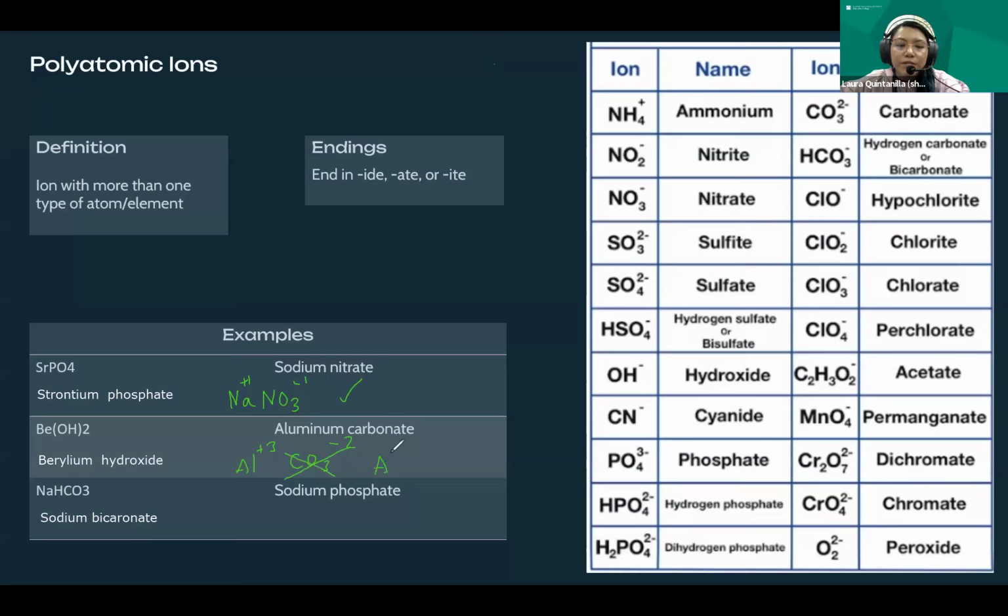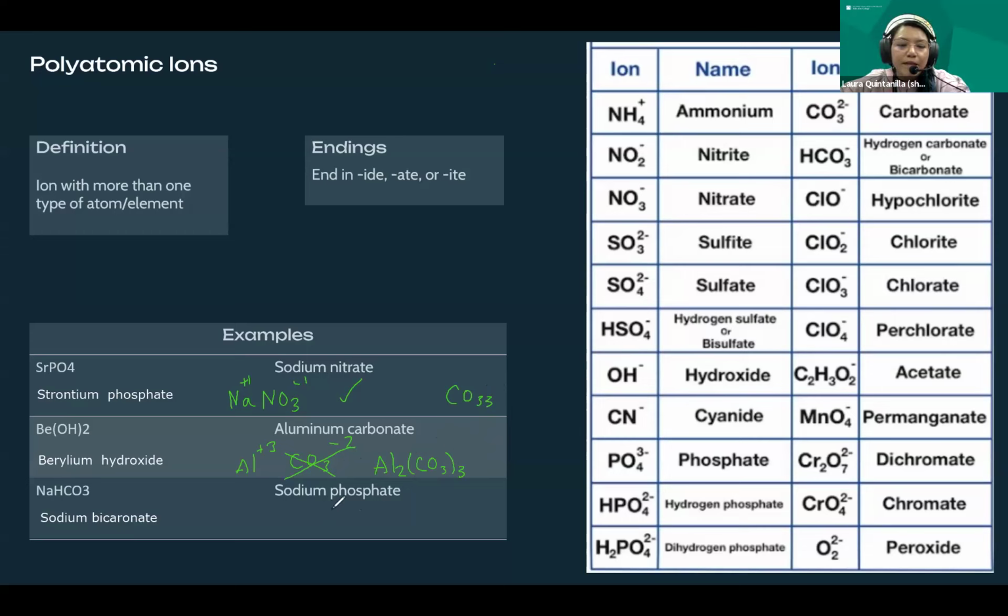So our final formula will be Al2, and then we want to put this in parentheses and put this 3 on the bottom. The reason you need a parentheses is because if you had just written it like this, that would mean 33 oxygens, which we're not trying to mean. We're trying to mean 3 of the carbonate ions. So we definitely needed a parentheses there.